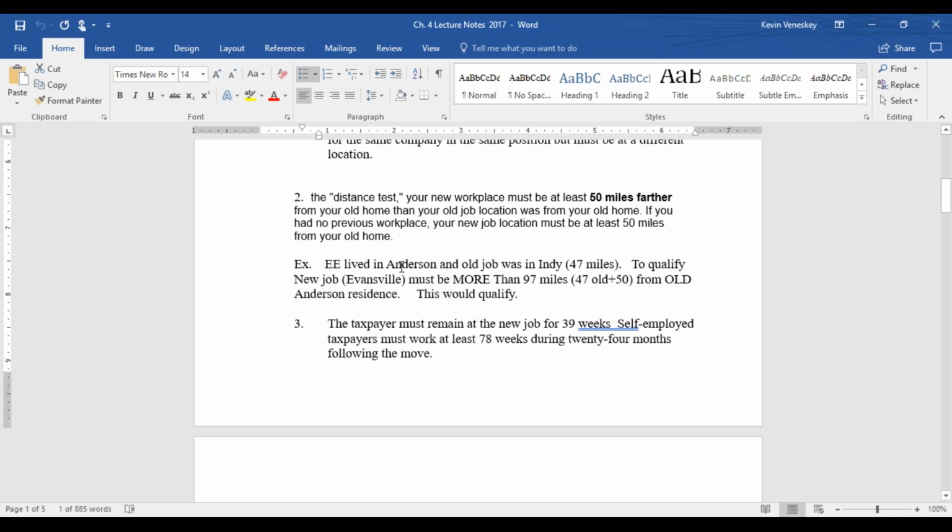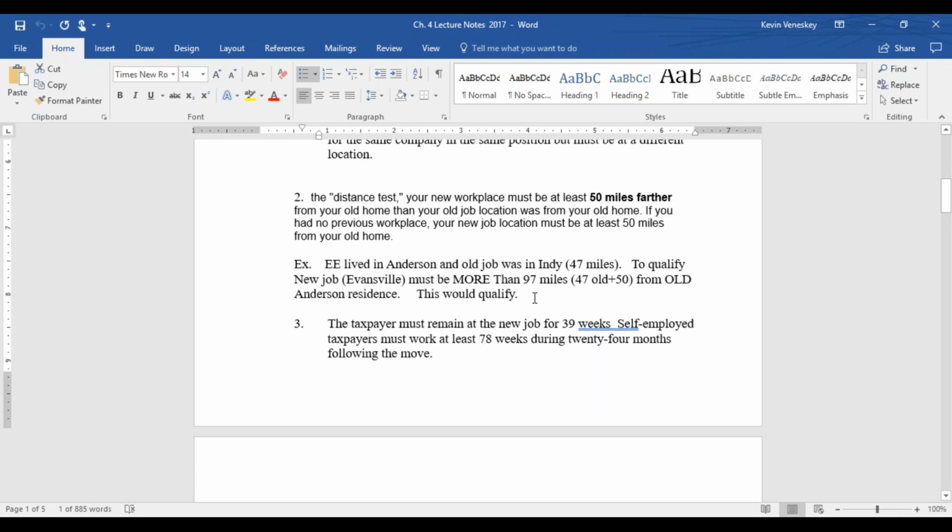So if your employee lived in Anderson and the old job was in Indy, and they traveled 47 miles. To qualify, let's assume the employee got a new job, a new site in Evansville. That commute from Anderson to Evansville must be more than 97 miles, the 47 plus 50 further.